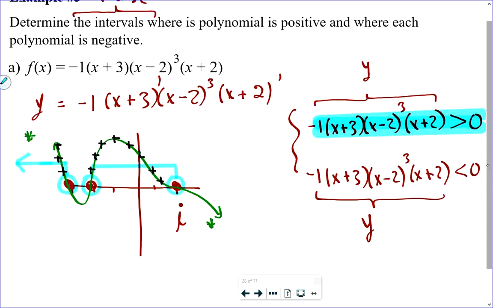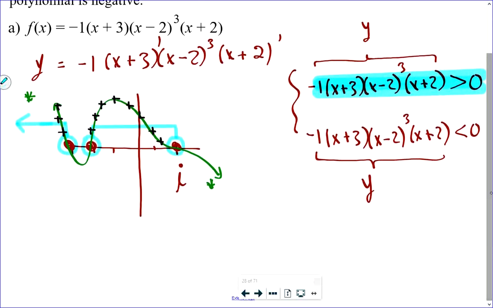And I'm presenting it that way because we have to answer it by talking about x. The polynomial function is positive whenever x is less than -3 and whenever x is between -2 and 2.